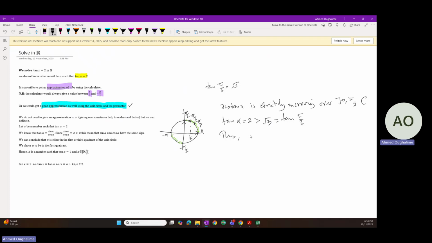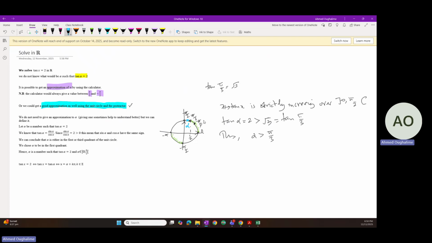Thus, I can conclude that alpha is more than pi over 3. So the point corresponding to alpha should be somewhere here. I don't know the real location of it, but at least I can have a range for my alpha.